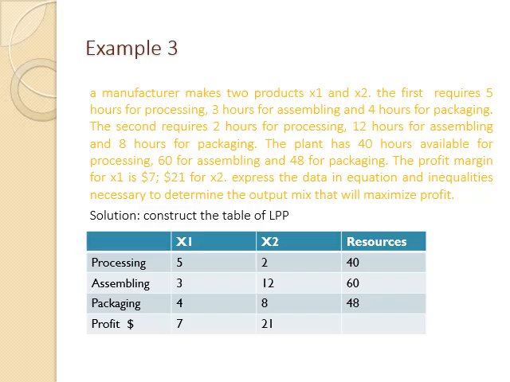To produce X1, we need 5 hours for processing, 3 hours for assembling, and 4 hours for packing. That means product X1 passes 3 phases: processing, assembling, and packing.